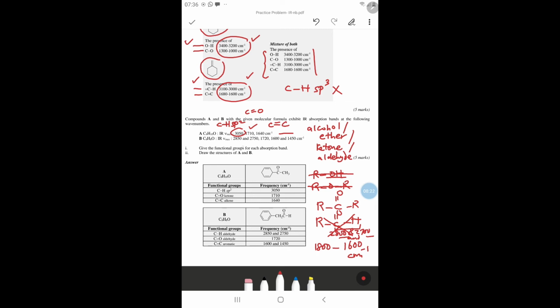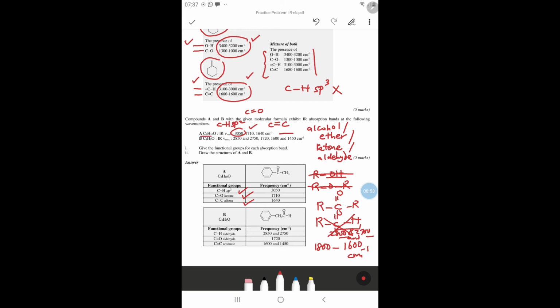From all the given information, you need to find out what bonds match the given frequency, and from there you know 3050 is your CH sp2, C double bond O for your ketone, and C double bond C from the alkene. You have all this information, you need to fit it to the molecular formula.